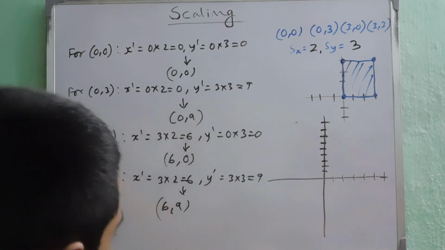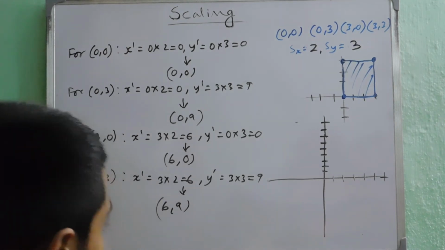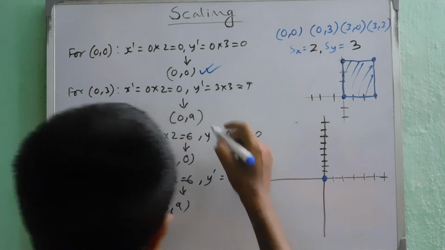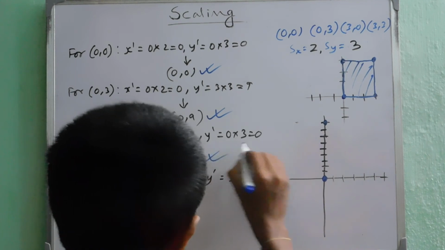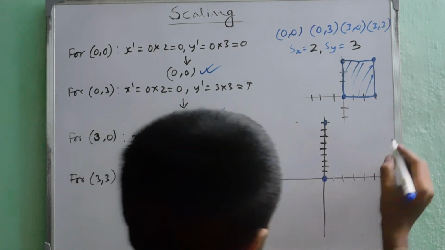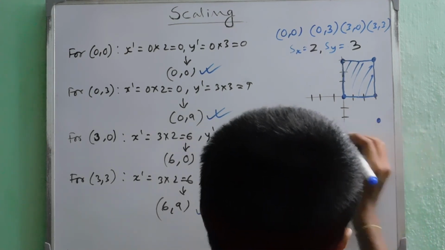Okay, I am not plotting the negative parts because we don't require that here. So first one is 0 comma 0, we are plotting here. Then we have 0 comma 9, we are plotting here. Then we have 6 comma 0, we are plotting here. And finally we have 6 comma 9, that means here.